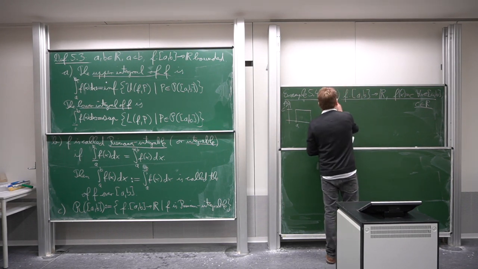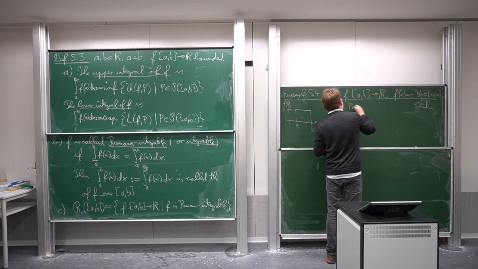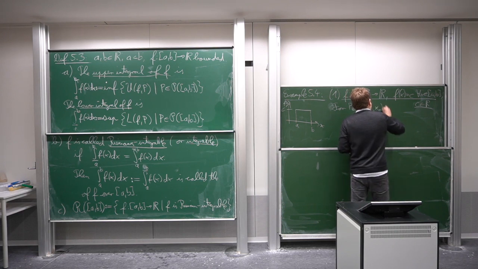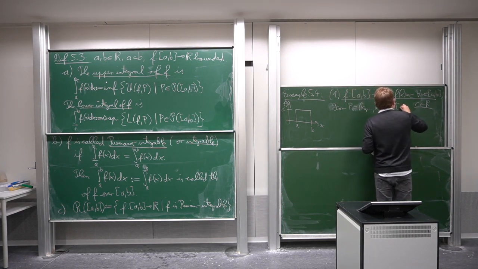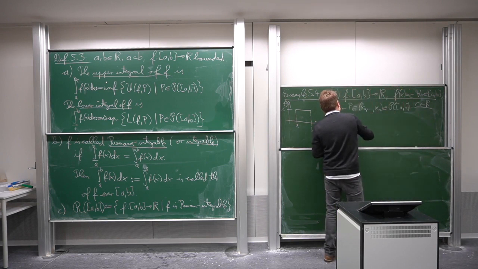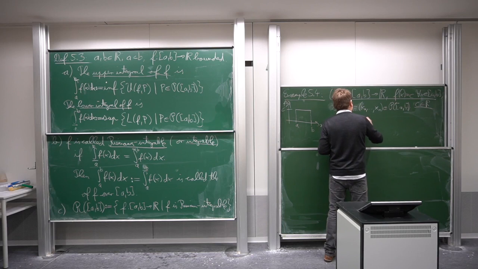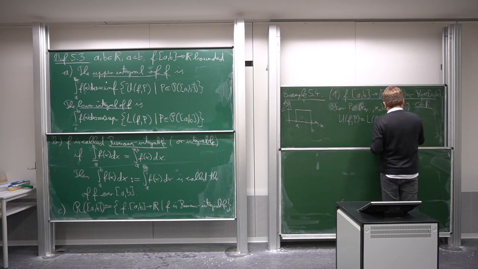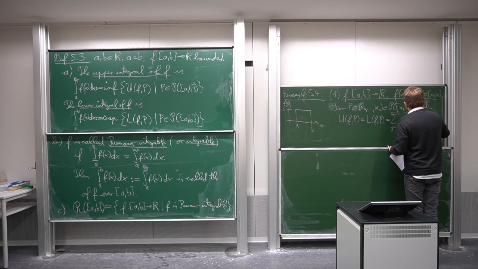So for all partitions P of [a, b], let's denote this by x0 to xn again, you get that the upper sum of f over P is the same as the lower sum of f over P, which is simply the sum from j = 0 to n minus 1 of c times (x_{j+1} minus x_j).